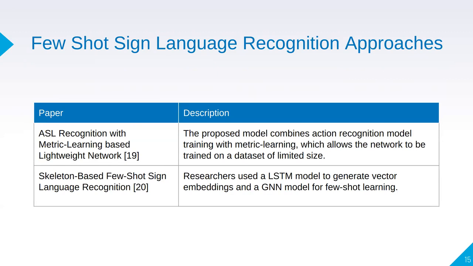The first one, American Sign Language Recognition with metric learning-based lightweight network, is the proposed model that combines action recognition model training with metric learning, which allows the network to be trained on a dataset of limited size. And the other, skeletal-based few-shot sign language recognition, is the one where researchers use an LSTM model to generate vector embeddings and a GNN model for few-shot learning.